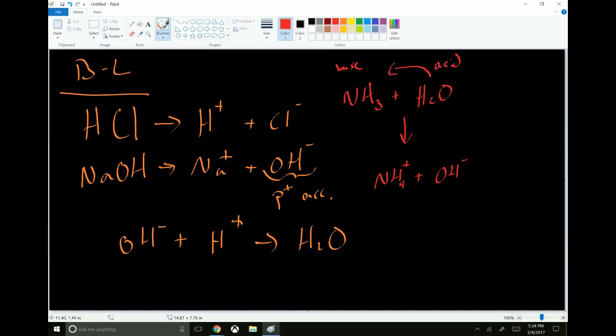Because now H2O is donating a proton to ammonia. So ammonia is acting as a base, water is acting as an acid to produce ammonium and hydroxide.